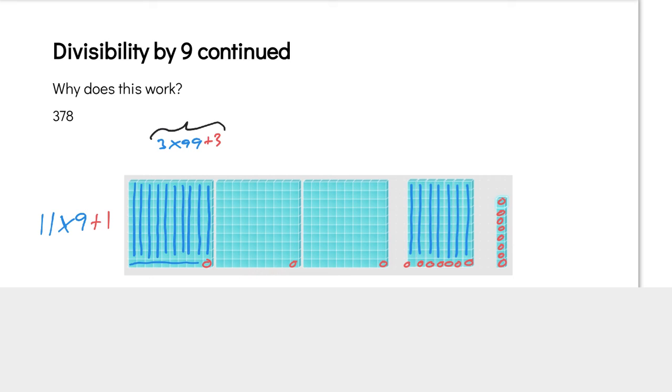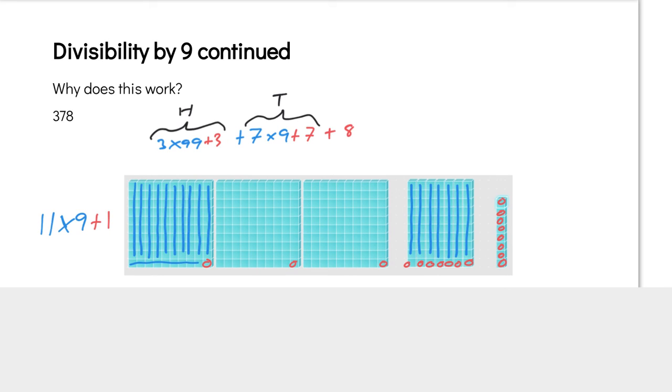These right here are the hundreds. Okay, then we have the tens. So we've got 7 groups of 9, 7 groups of 9 plus those 7 leftovers. These are the tens.